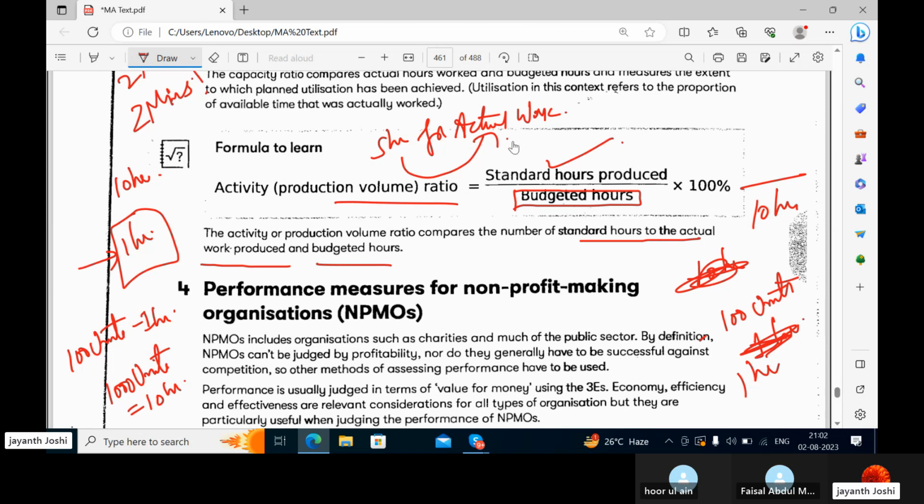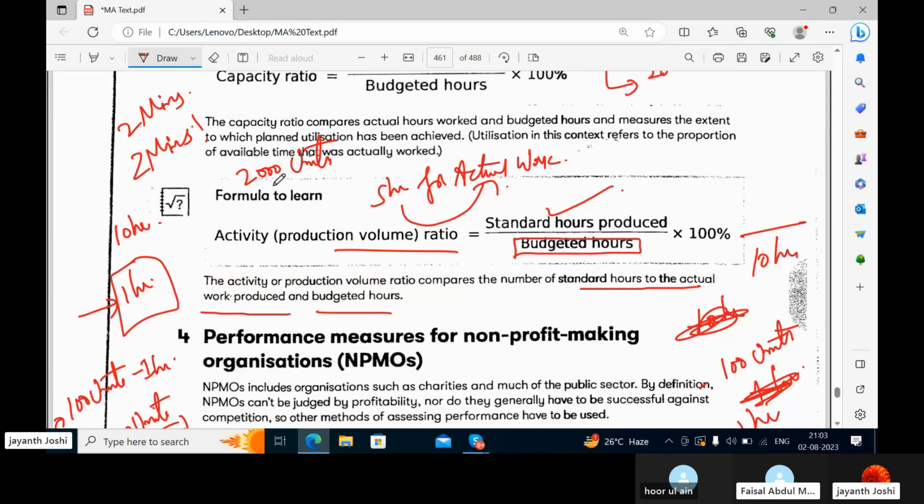So usually for 100 units, 1 hour. To make 100 units in your factory, you usually take 1 hour. That is standard. So let's say you always make 1000 units and it takes 10 hours. That is your budgeted hours. But this time you made 2000 units. How many hours have you taken? In actuality, 20 hours.